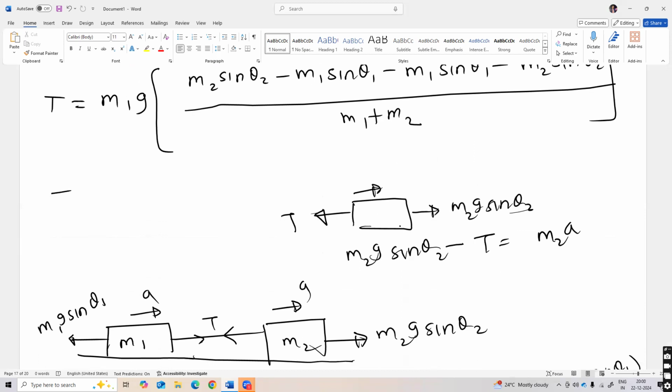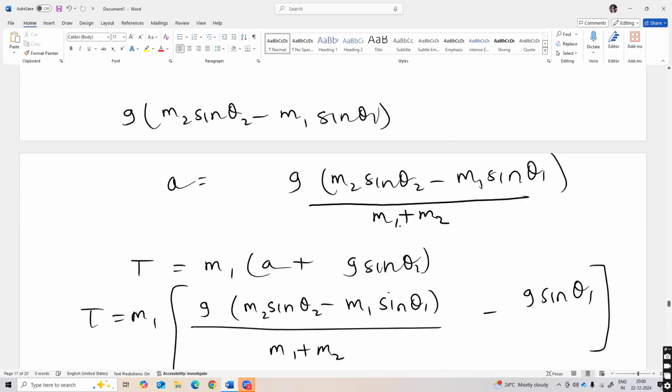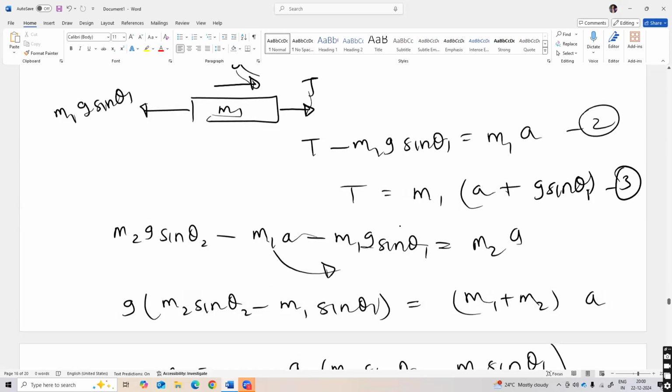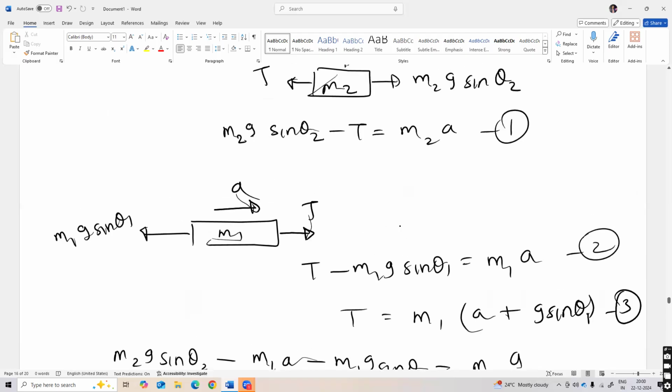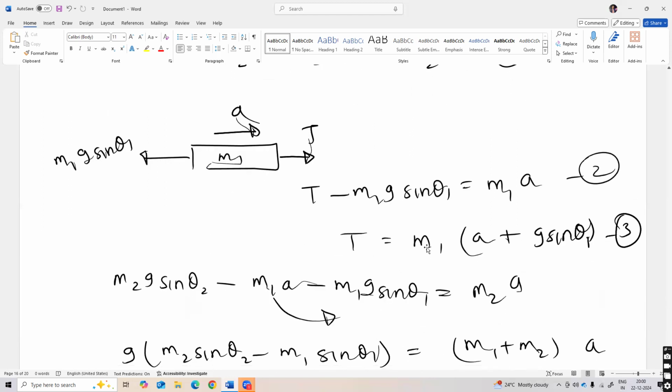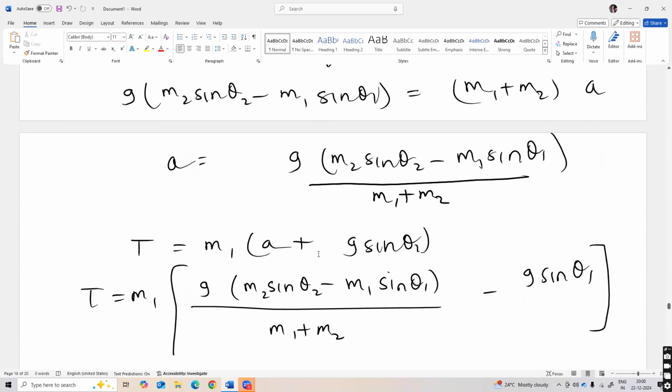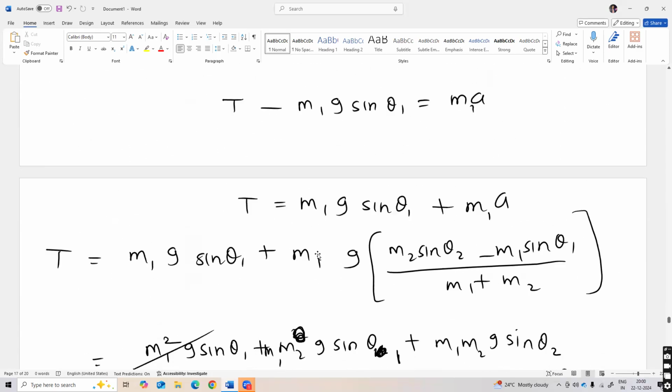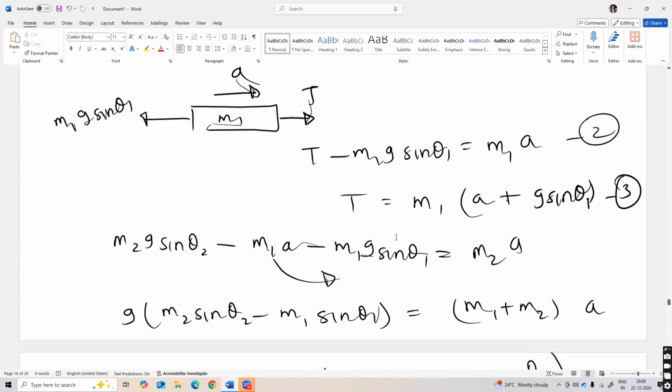So T is basically m2 g sin theta 2 minus m2 a, so it is equal to m2(g sin theta 2 minus a), and T is equal to m1 g sin theta 1 plus m1 a. Okay, both equations are same.